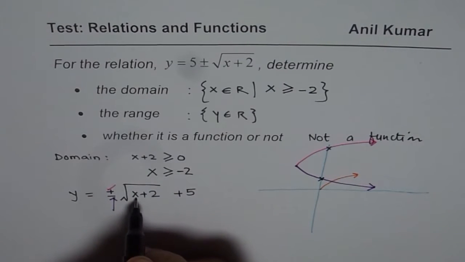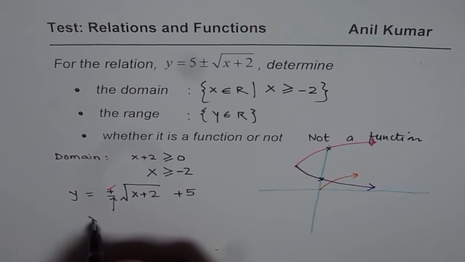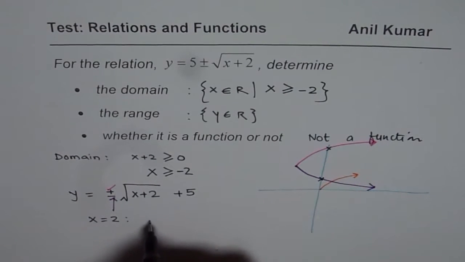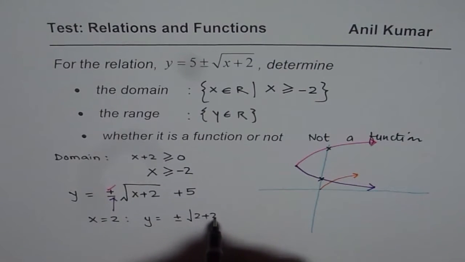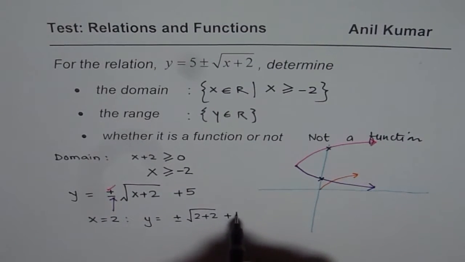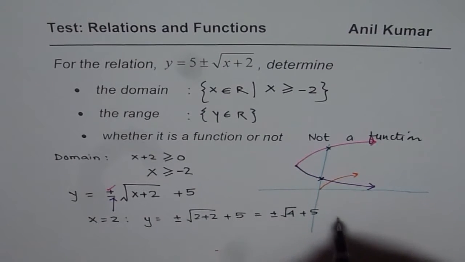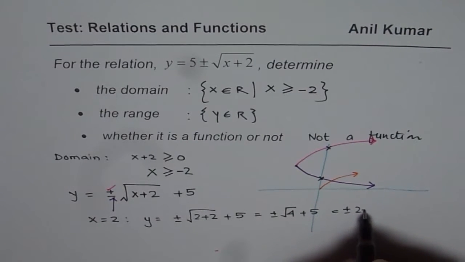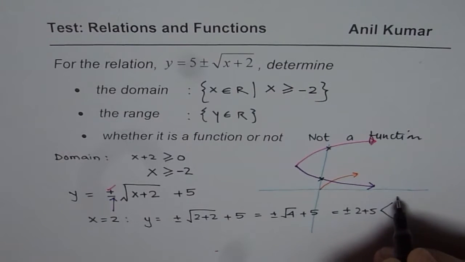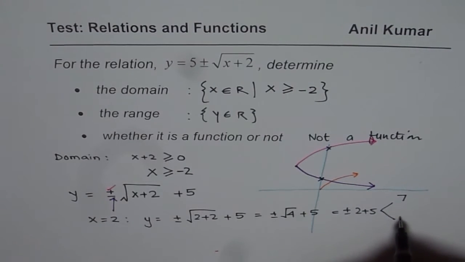So if I write x as some value, let us say x = 2, for example, then y = ± square root of (2 + 2) + 5, which is ± square root of 4 + 5, which is ± 2 + 5, and that gives you two values: 5 + 2 as 7 and 5 - 2 as 3.